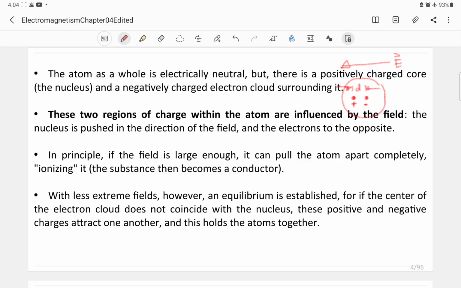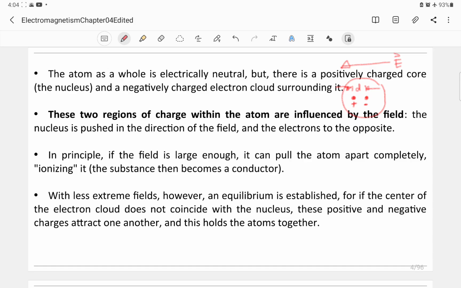This is what we call polarization: the separation of positive and negative charges in an atom, in a dielectric. What we now have is a dipole. There's a separation distance between positive and negative charge, and they are equal, making the atom still a neutral atom.